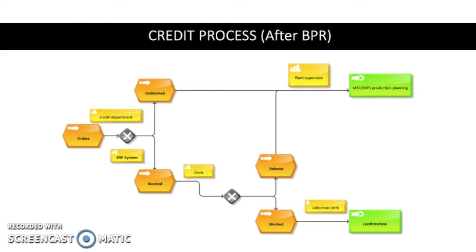After the two validations, the released orders will flow to MTO or MTS production planning by the plant supervisor, and the rest will go to another collection clerk for confirmation.